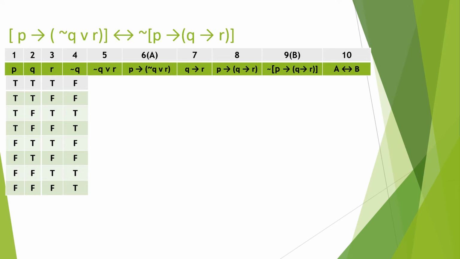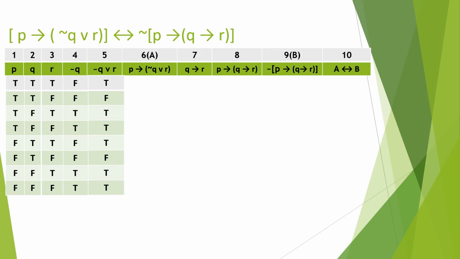The first one is true or false, so it is true. Second is false or false, so false. Next is true or true, that is true. False or true is true. True or false is again true. False or false is false. True or true is true, and false or true is true. So we have that as the fifth column.